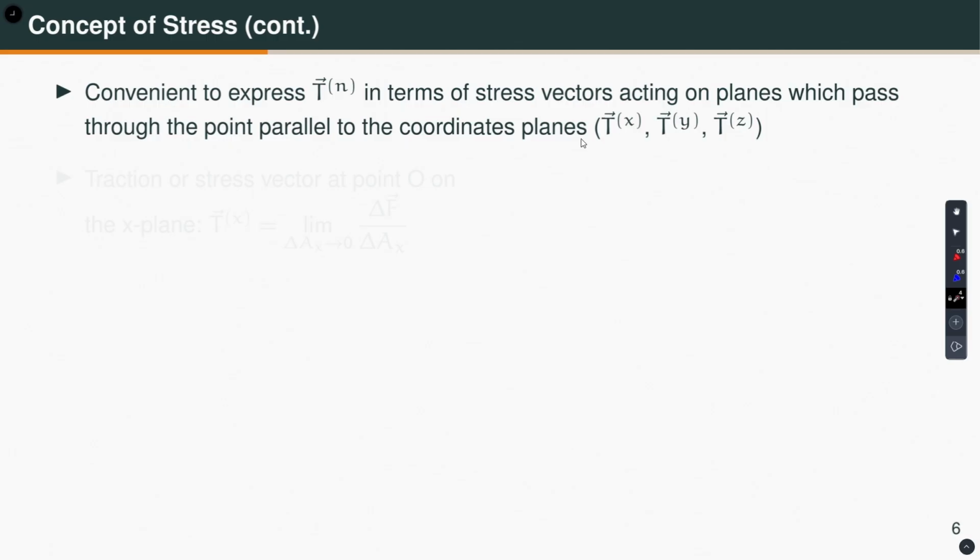Okay. And when the plane has a normal which is parallel to the x axis, then we will call that T x, just like we are saying T n, which is acting on a plane whose unit normal is n. Similarly, if the x axis is perpendicular to the plane, we call it T x, and T y and T z respectively for y and z.